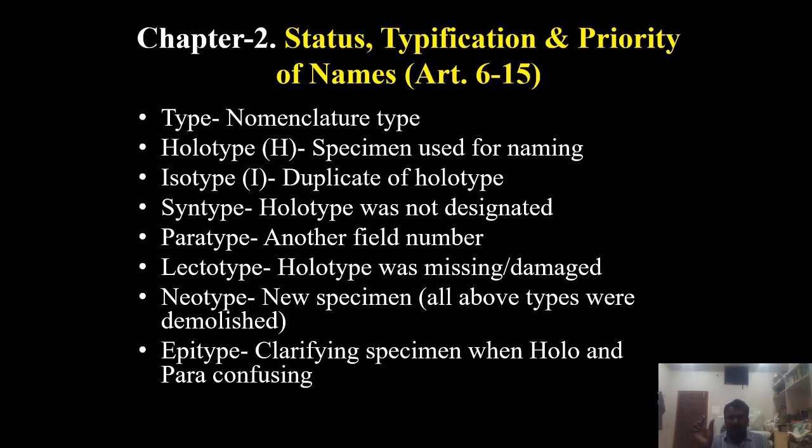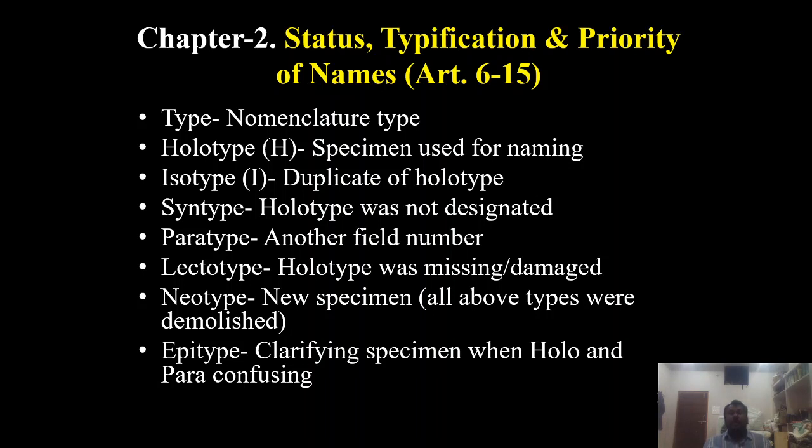Such a specimen is known as lectotype, based on the description provided by the author. The last one is neotype. Neotype is nothing but a new specimen.